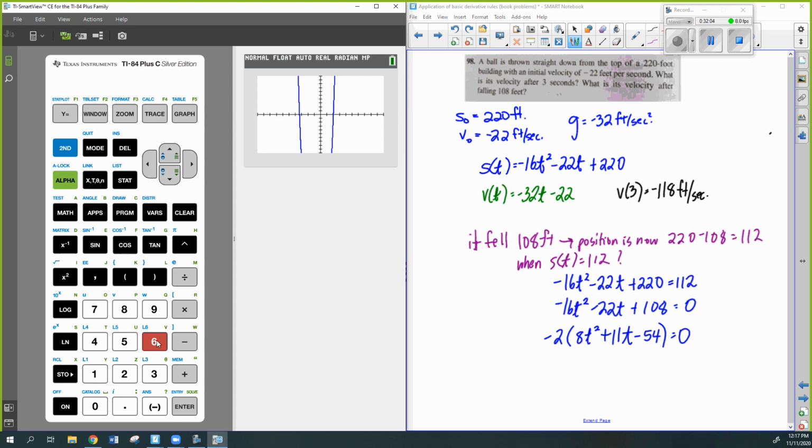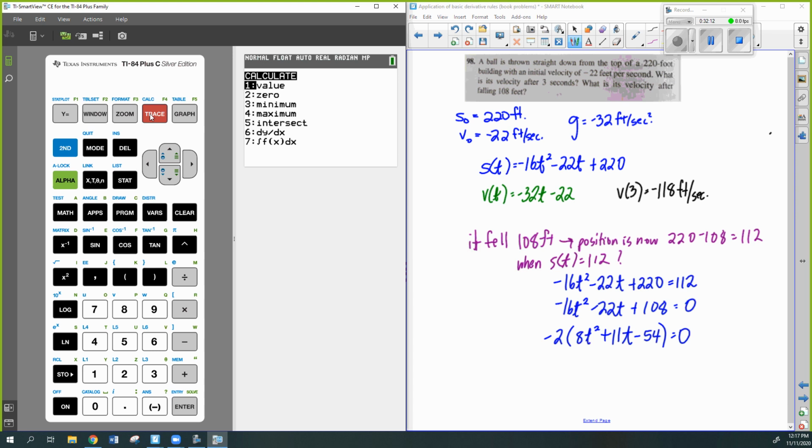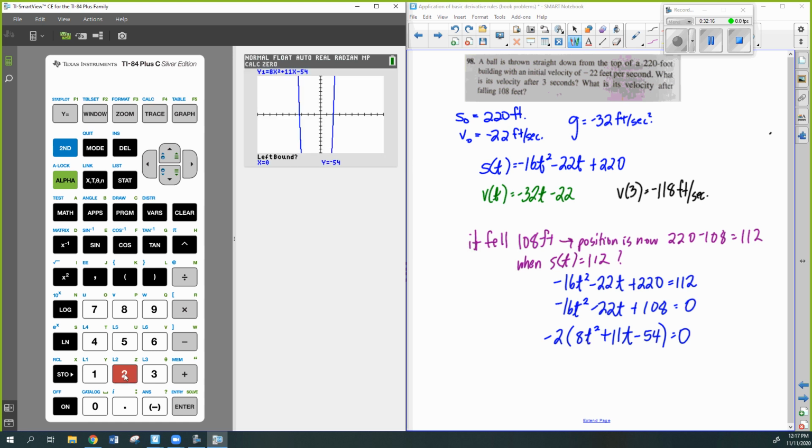Okay, sorry about that. Okay, so how do you find a 0 on your calculator? What do y'all press? Second trace, number 2. Now, the reason why you don't see the blinker on the screen is because it always starts at the y-intercept. And it says it's all the way down at -54.